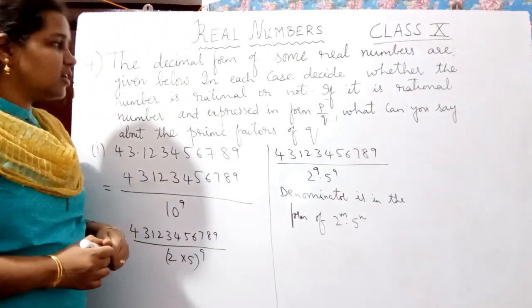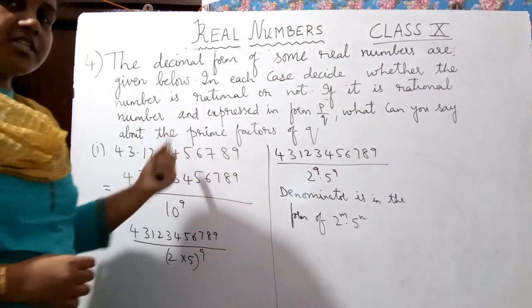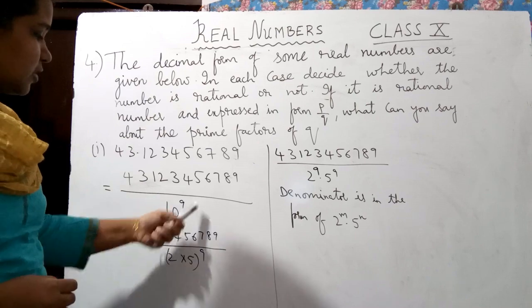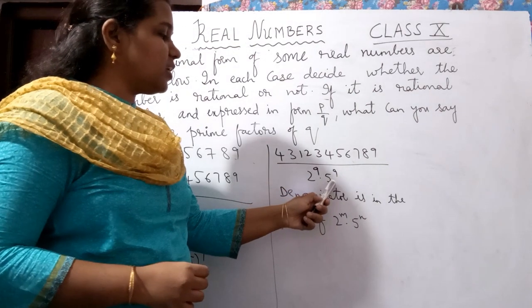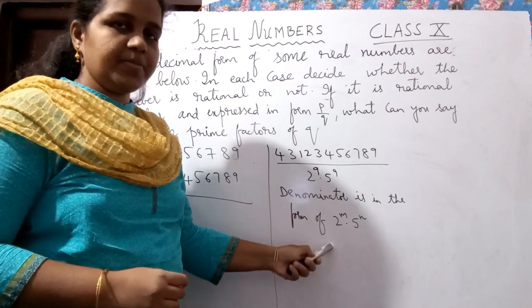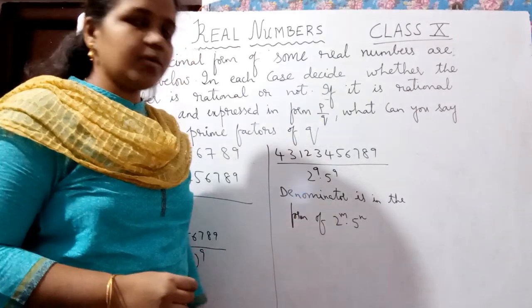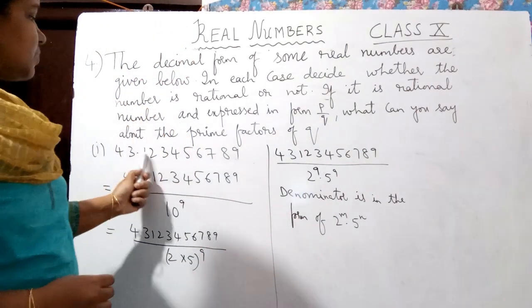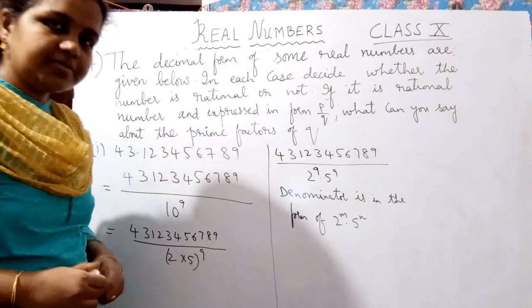We know it. So in this way, we have to find whether the given number is rational or not. If it is rational, then you have to write the prime factors of the denominator q and observe the denominator and say what you can say. That you have to write here: because the denominator is in the form of 2 power m into 5 power n, this rational number is a terminating decimal.